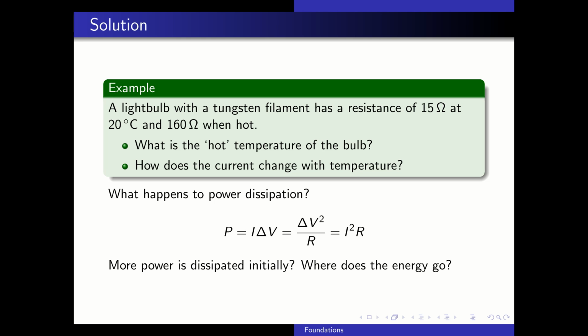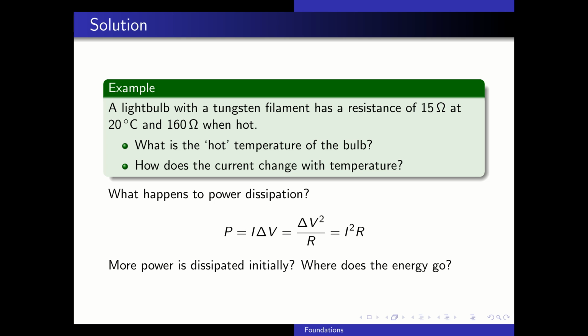As the area gets smaller, the resistance will increase, which means that the current flow will become less. And it also will mean the power dissipation is less. And what that will end up meaning is that an incandescent bulb will get dimmer as time goes on because the current flow through that filament will become less and less due to the decreased cross-sectional area.